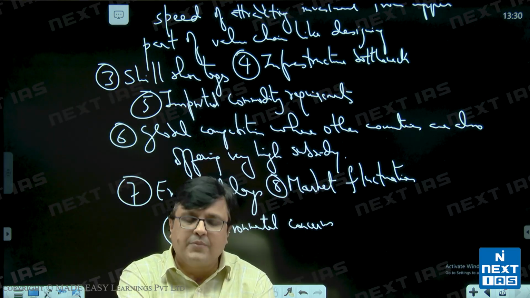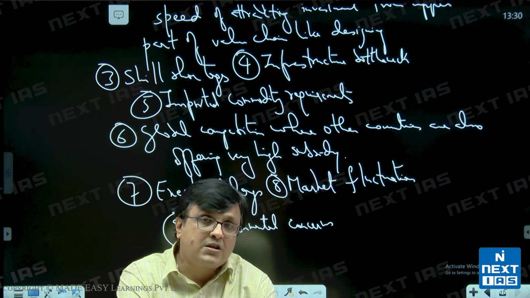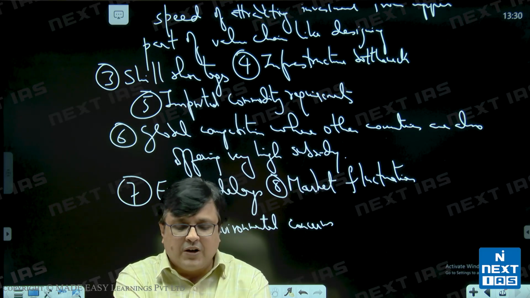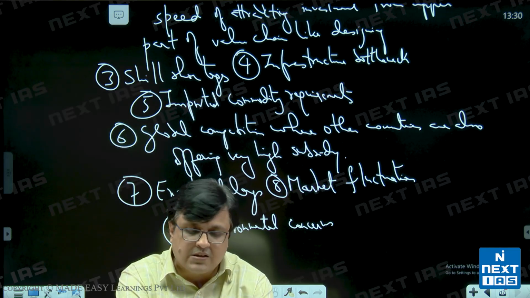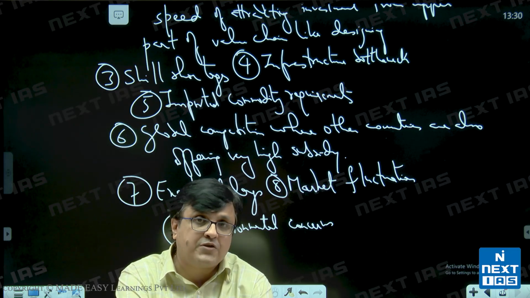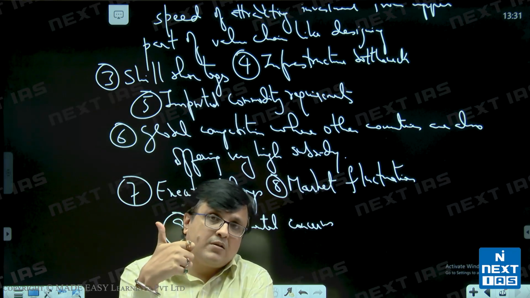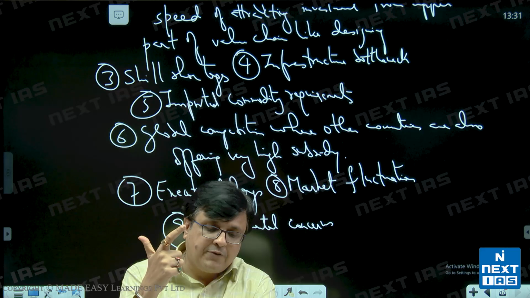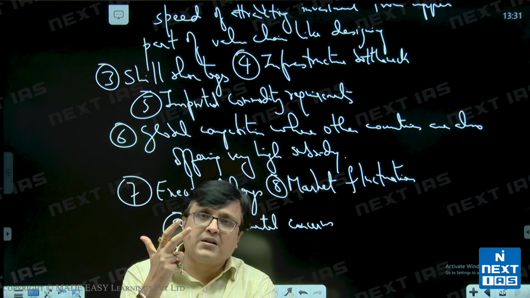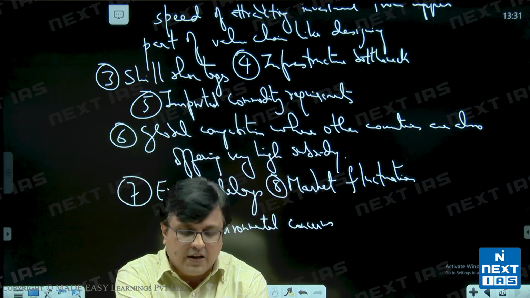So you will talk about Semicon India program, 76,000 crore rupees program, launched in 2021. What are the main features? One is it provides 50% fiscal support for the semiconductor fabs, display fabs, compound semiconductors, and for ATMP facilities. So this is one thing you can write.